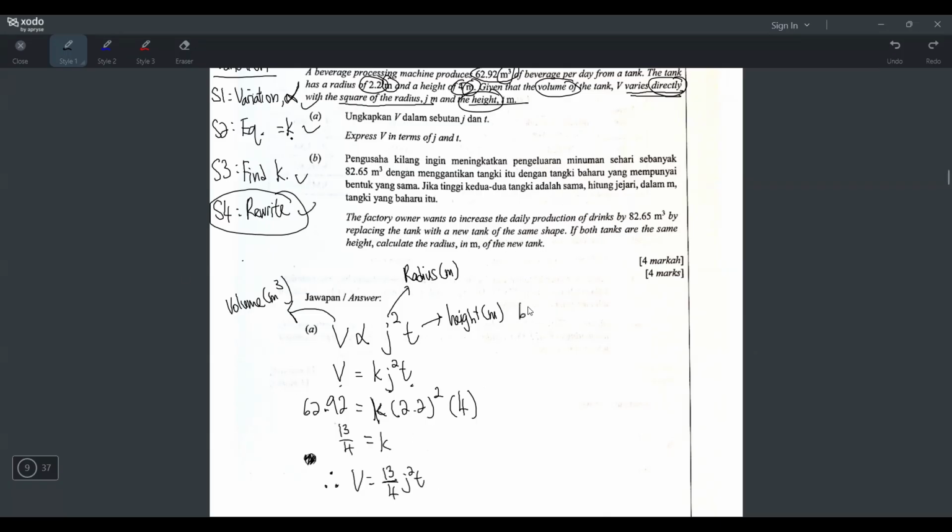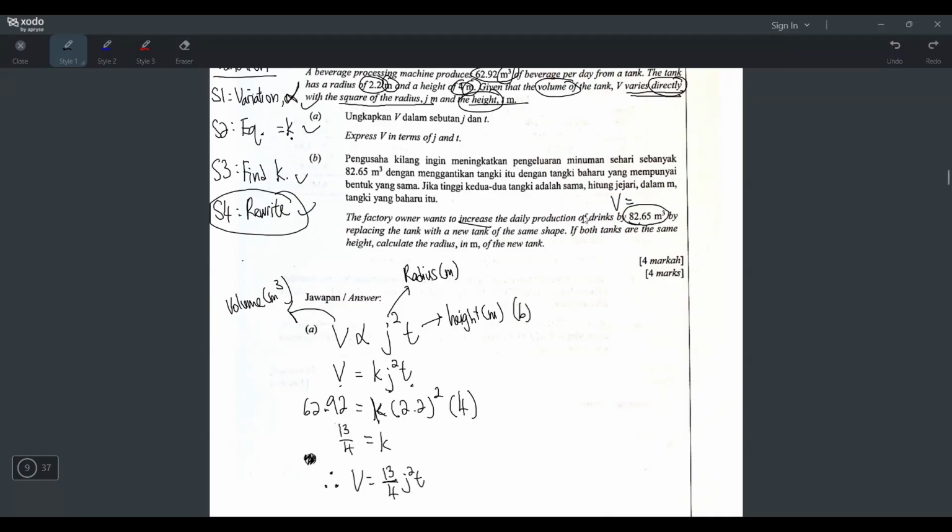Okay, let's continue with B. Let's read the question. The factory owner wants to increase the daily production of drinks by 82.65 meter cube. So obviously this is the volume, right? But you don't tell me the V is 82.65. No, no. Read carefully.